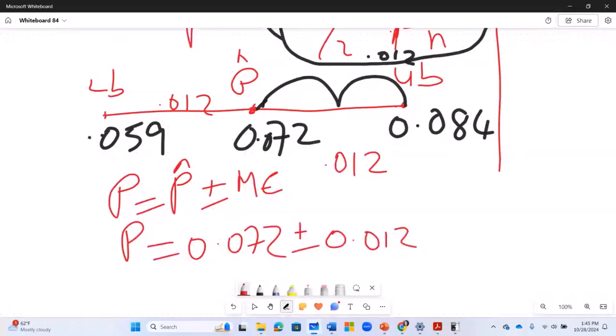So I can now say, therefore, I am 90% confident that the population proportion lies between the lower bound, 0.072 minus 0.012, to 0.072 plus the margin of error.